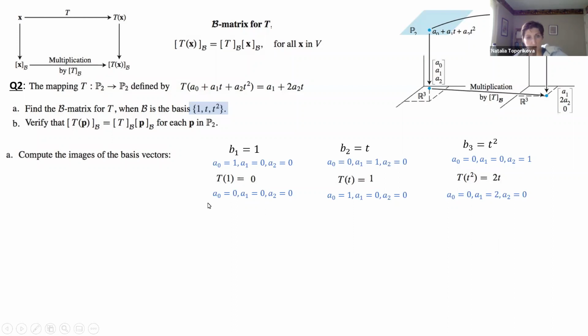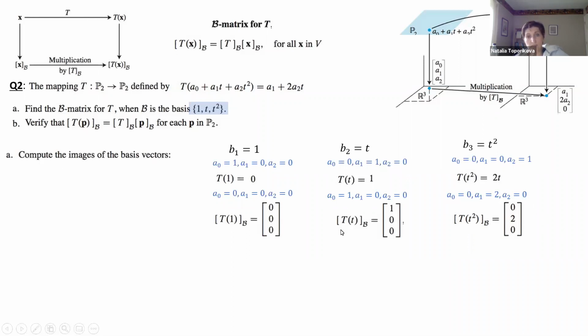Okay, now let's switch from our coefficients to actual vectors. Our first basis vector written in B coordinates is 0, 0, 0, our three components. Our second basis vector T written in the B coordinates has A0 equal to 1, and the rest is 0. Finally, our third basis vector written in B components will have A0 equal to 0 as the first component, A1 equal to 2 as the second component, and A2 equal to 0 as the third component.